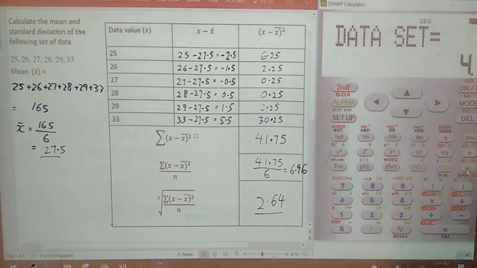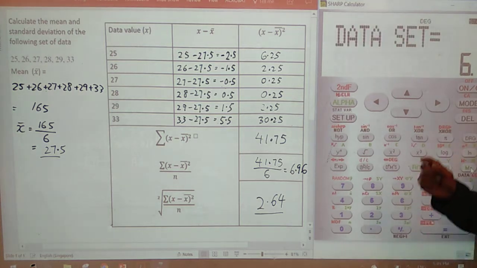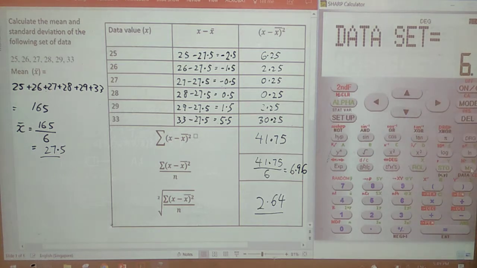And then it's 29. And finally, 33. So now we have entered 6 pieces of data.